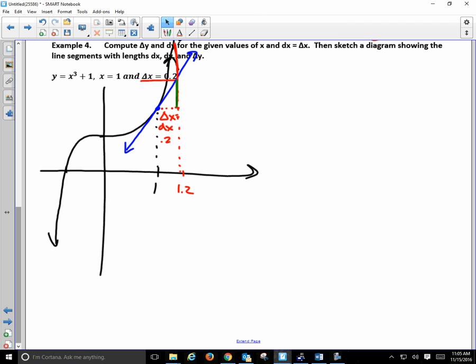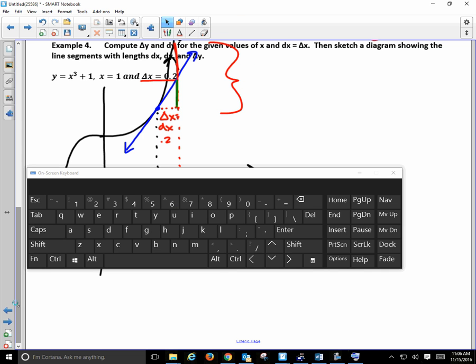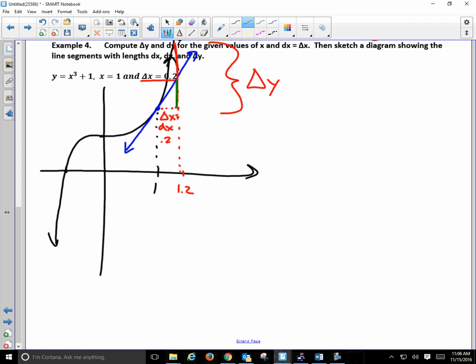It's the one that goes to the function. So this distance right there is delta y. The one that marks the rate of change, which is modeled by my tangent line, is dy. So is dy an underestimation or an overestimation? dy is an underestimation in this type of problem, okay?